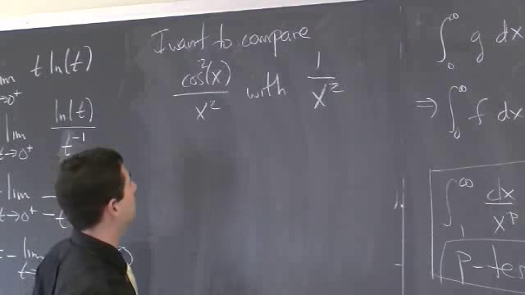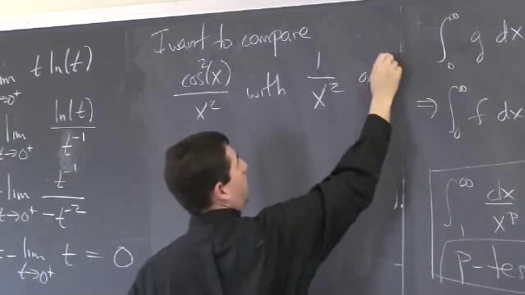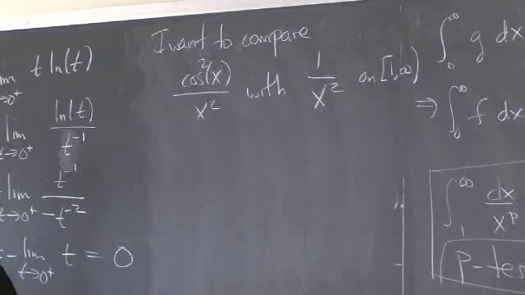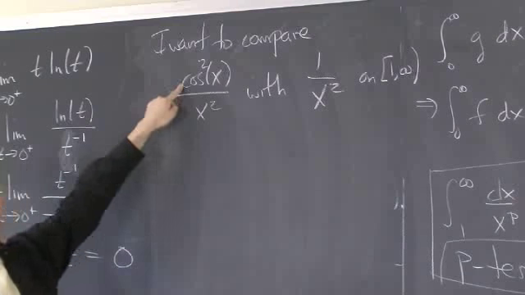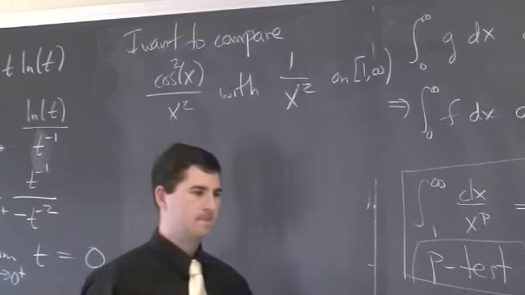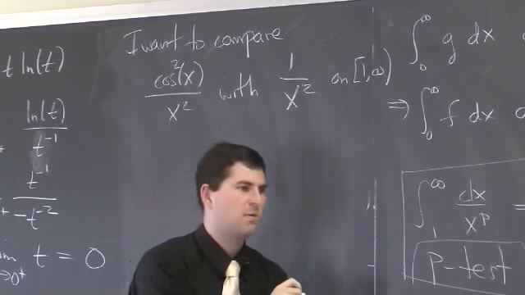We're on the interval 1 to infinity, whether it matters or not. What do I know about cosine squared? What values does it take? What about cosine?